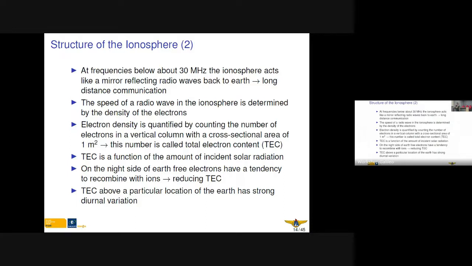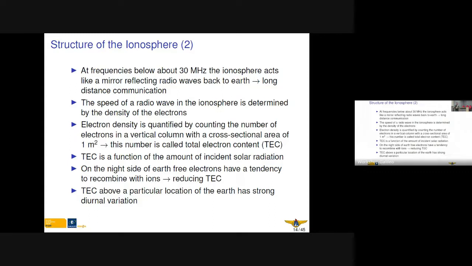It's called TEC. TEC is a function of the amount of incident solar radiation, because the solar radiation breaks up the ions and electrons in the ionosphere. On the night side of Earth, free electrons have a tendency to recombine with ions.